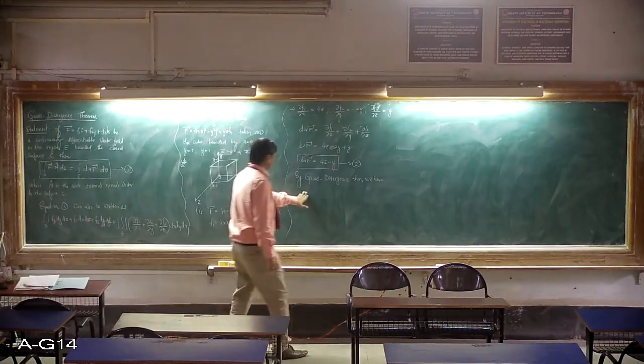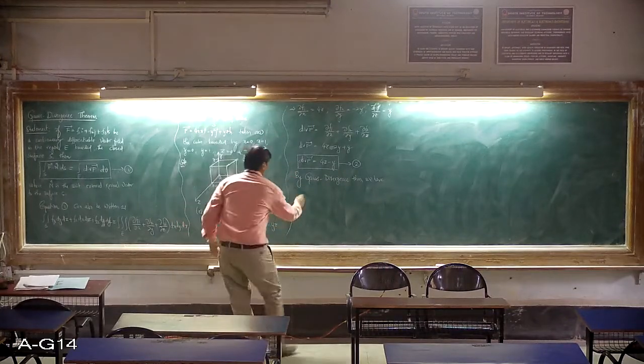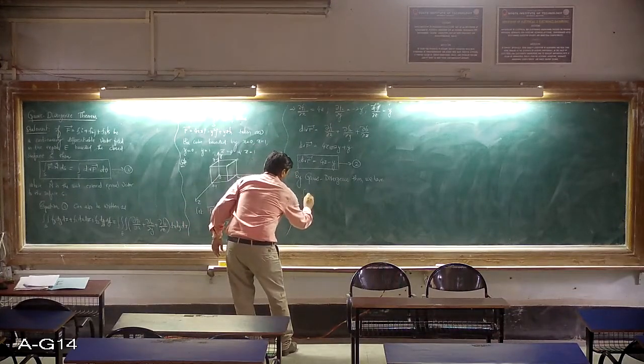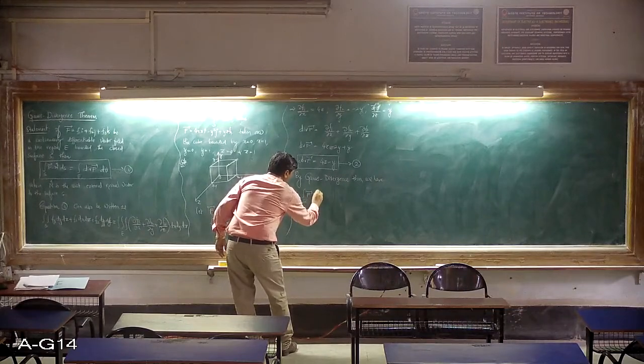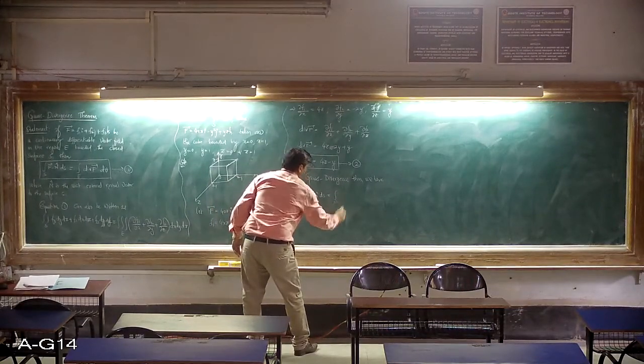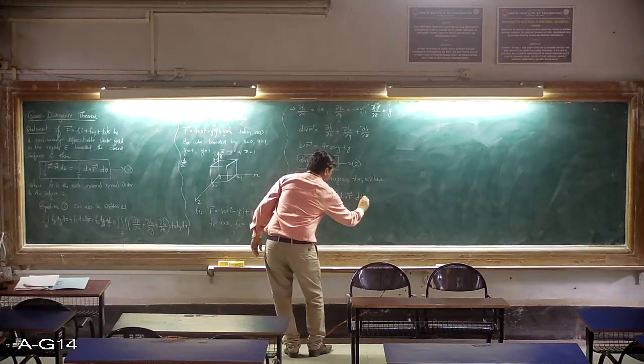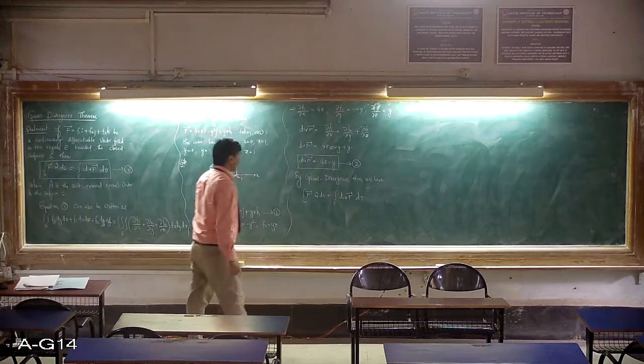So they asked us to find this only. Integration over a closed surface of F dot n cap dS is equal to integration over a region E of divergence of F dV. dV means the volume element, right?